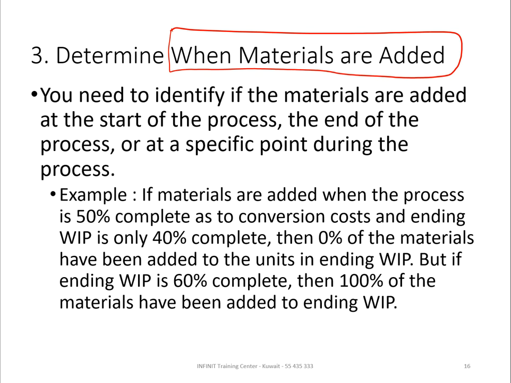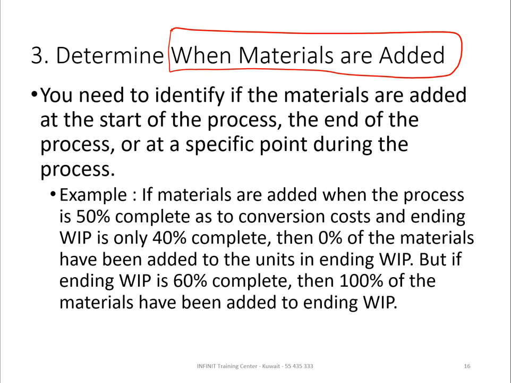Why do we need to know that? Because when we are calculating the EUP, equivalent units of production, if we know that materials are added when the conversion process is 50%.